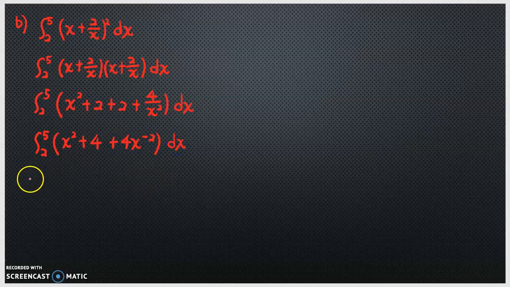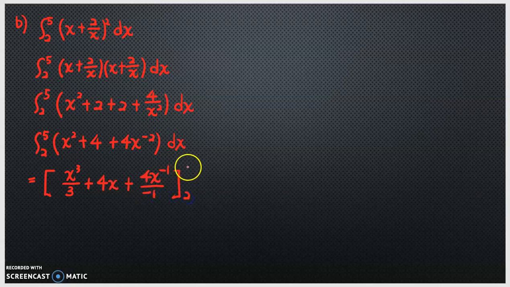Next I will integrate. Now I start to integrate. Integrating x squared, I should get x cubed over 3. Integrating the other term, I should get 4x to the power of negative 2 plus 1, so this will be 4x to the power of negative 1, over negative 1.